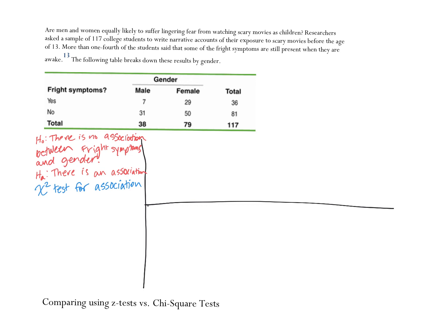I chose that one because of the wording of the null hypothesis. If I would have said fright symptoms and gender are independent variables, and then said they're not independent, then I would have chosen chi-square test for independence. You can use either interchangeably. It will cause 0 problems for you. Okay?